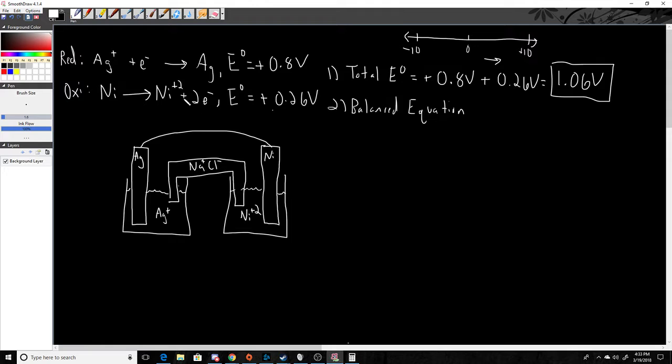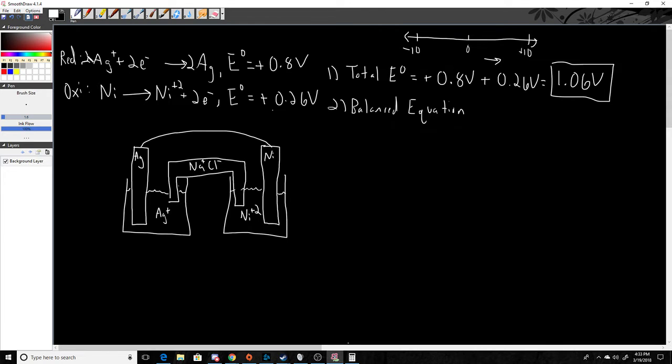So what I need to do is get my electrons balanced first. If I need 2 electrons here, I need 2 here. In order to do that, I'm going to move that positive sign there. I need to essentially just double everything here. I've got 2 electrons here, 2 electrons here. Now I'm good to go.